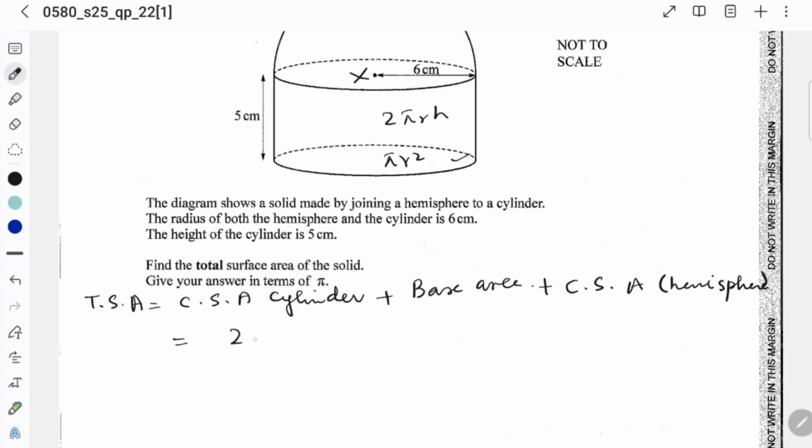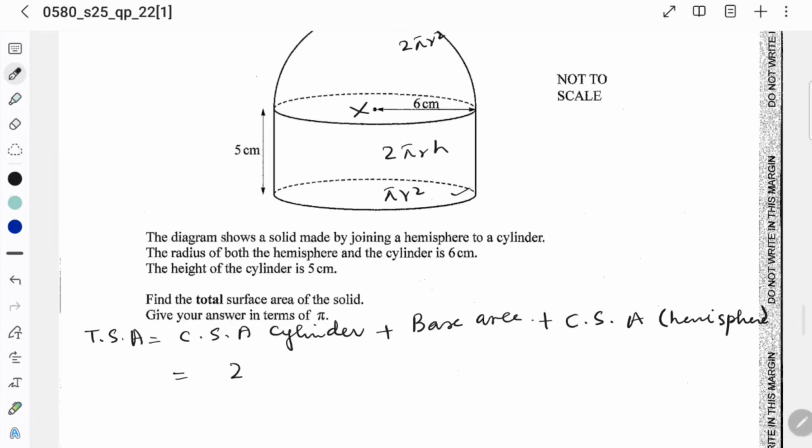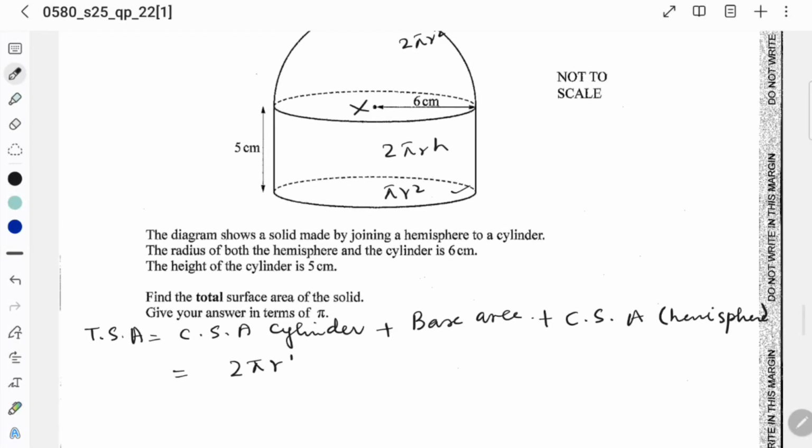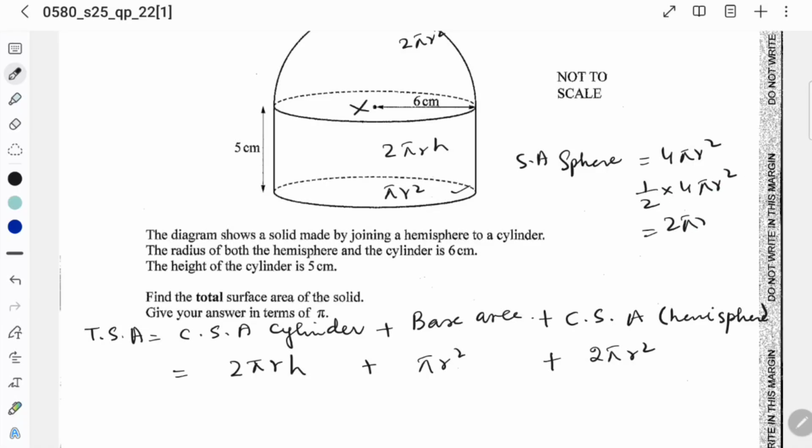So that is 2 into pi into r into h plus pi r square plus 2 pi r square, because the area of the sphere is equal to 4 pi r square, and half of 4 pi r square is 2 pi r square.